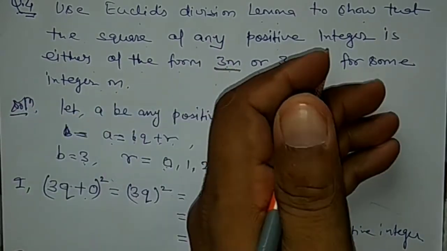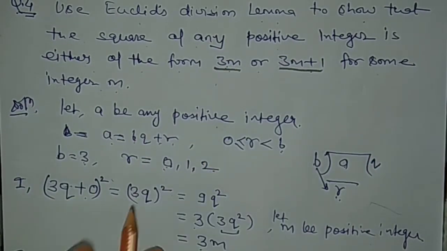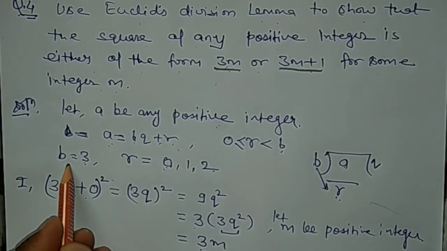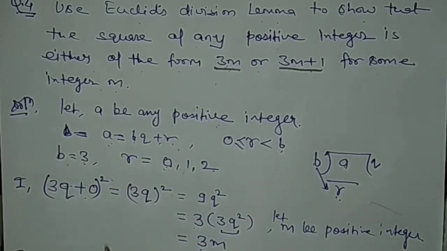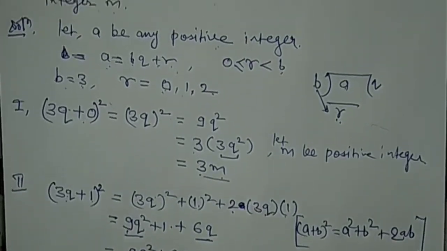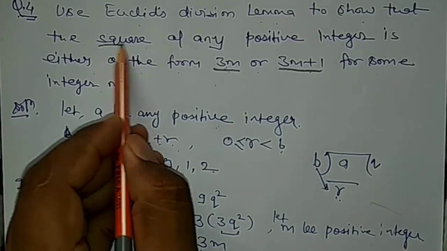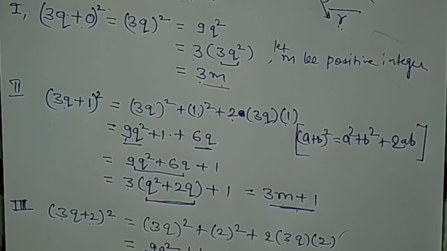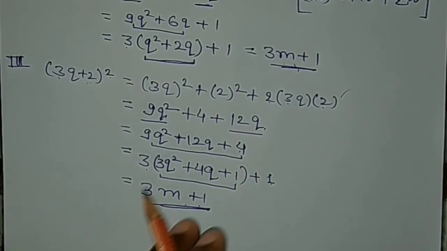For any positive integer, as we already proved, a equals bq plus r; we suppose b, then take the remainders, make the cases and solve. You have to make the square and solve it. That is very easy. m is any positive integer, so hence proved.